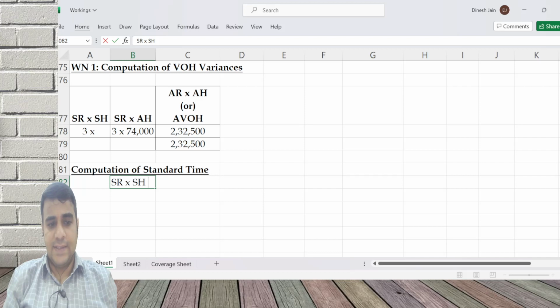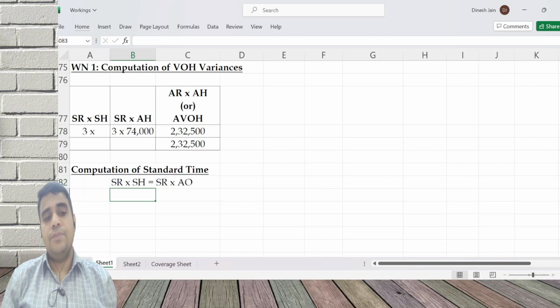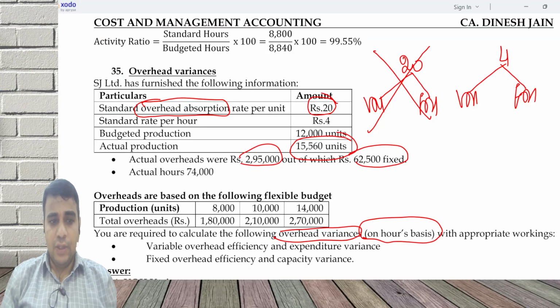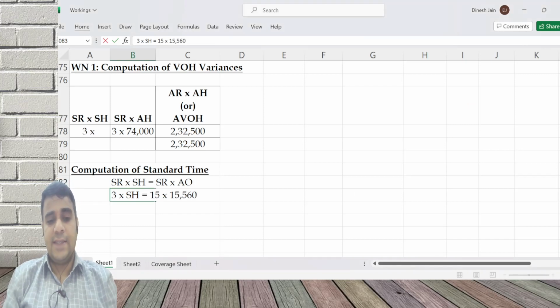SR into SH is equal to SR into AO. P into SH is equal to 15 into 15,560 units.